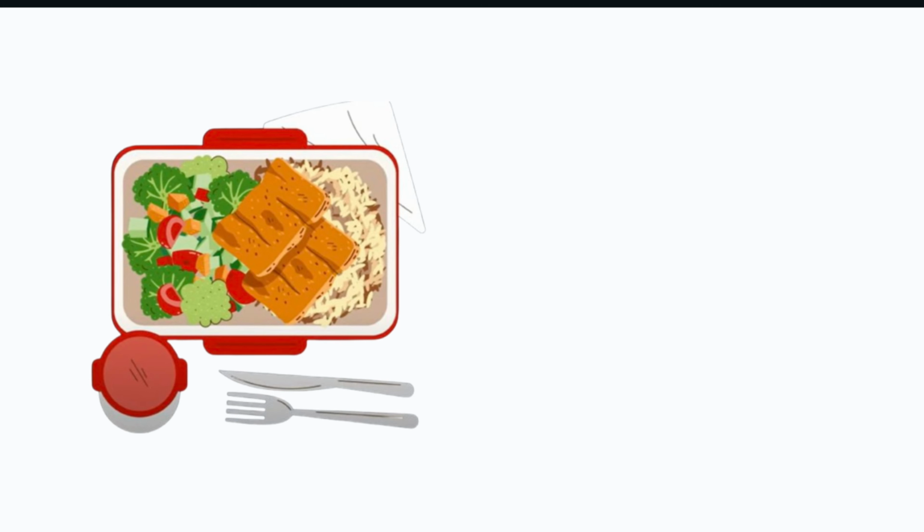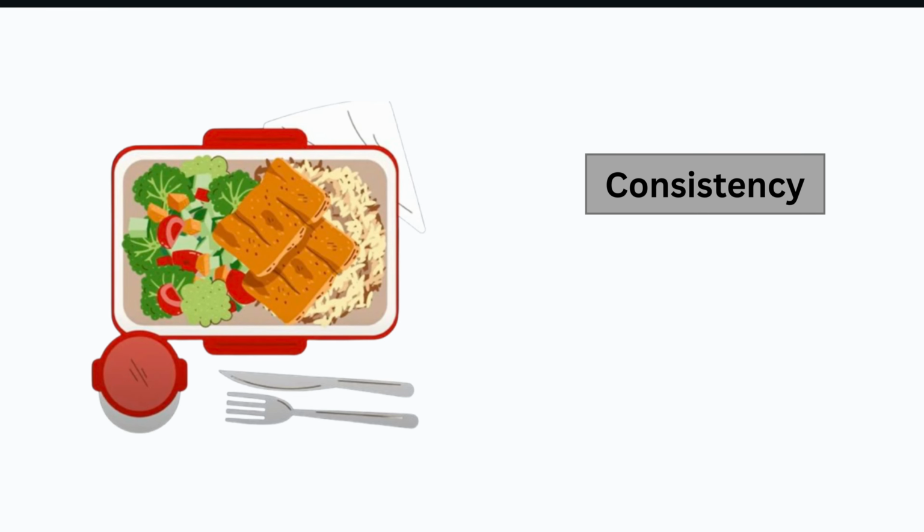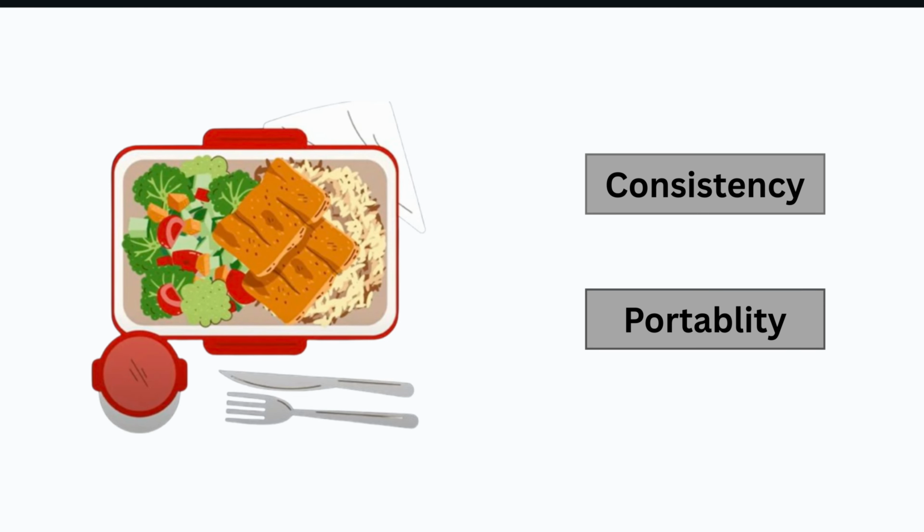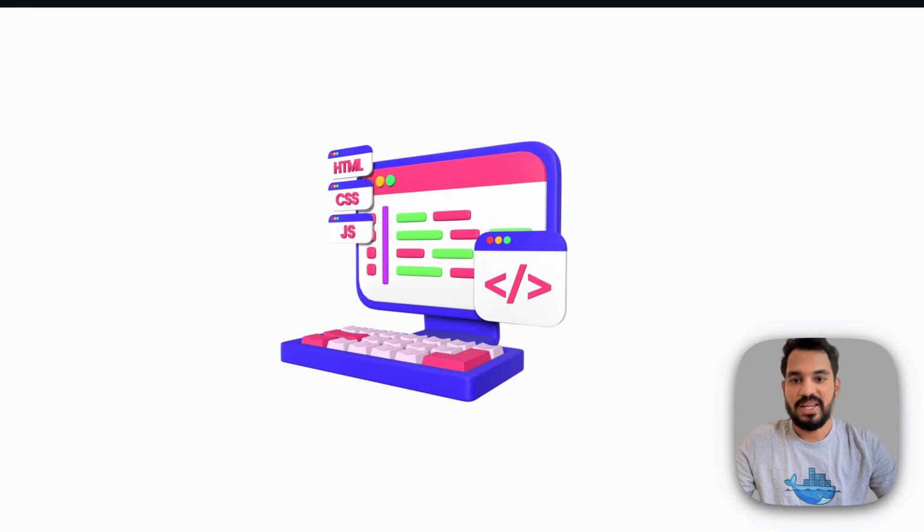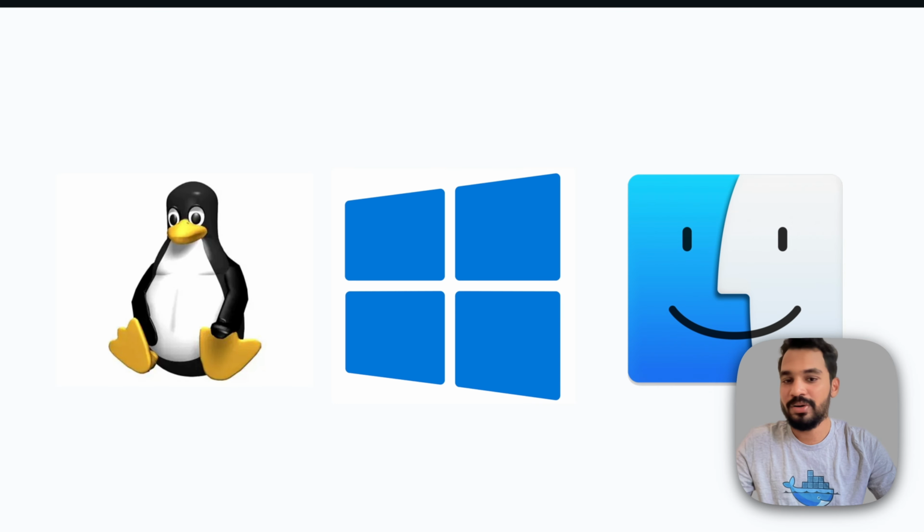This lunchbox ensures that the taste of the food you have packed is consistent and portable in all environments. Similarly, Docker packages your application with its code, dependencies, configuration, libraries, and runtime environment into a single unit called a container. Wherever you run it, Windows, Mac, Linux, or cloud, it behaves exactly the same.